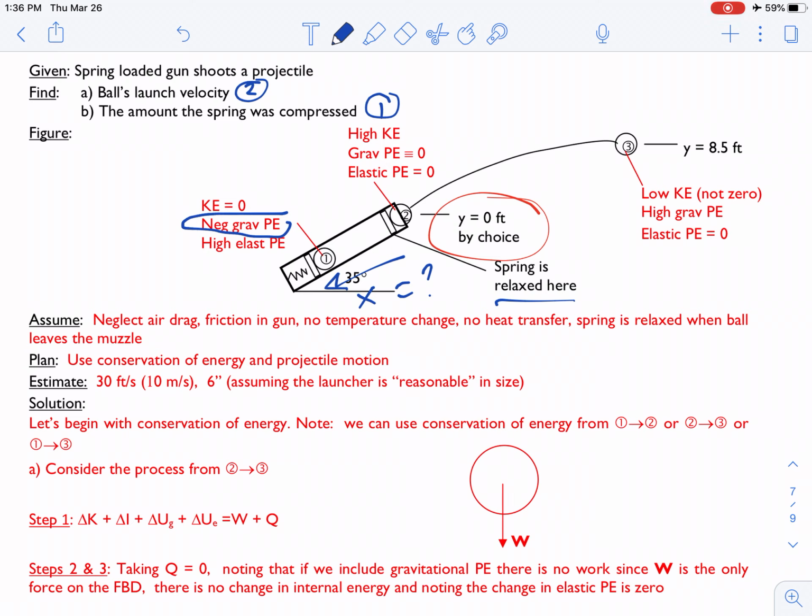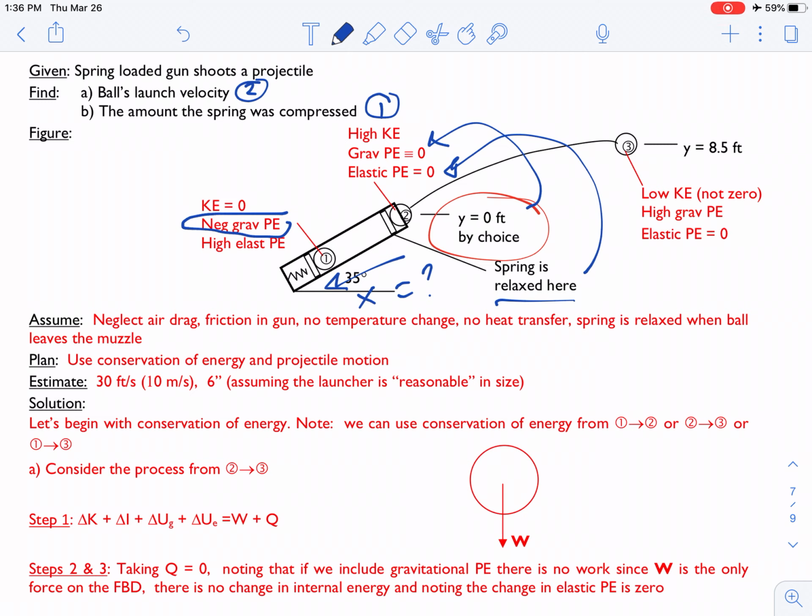At point 2, this is the highest kinetic energy because the spring is now released, and it has the maximum velocity between those 3 points. Gravitational potential energy will be 0 because we chose y to be 0. And elastic potential energy is also 0 because the spring is relaxed. Okay, those are the reasons.